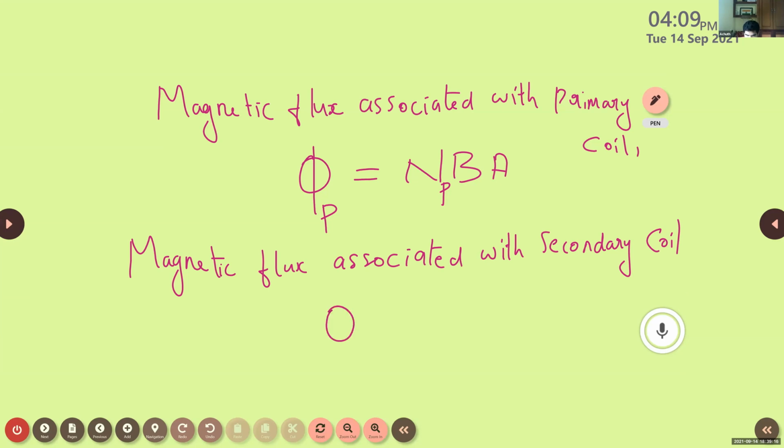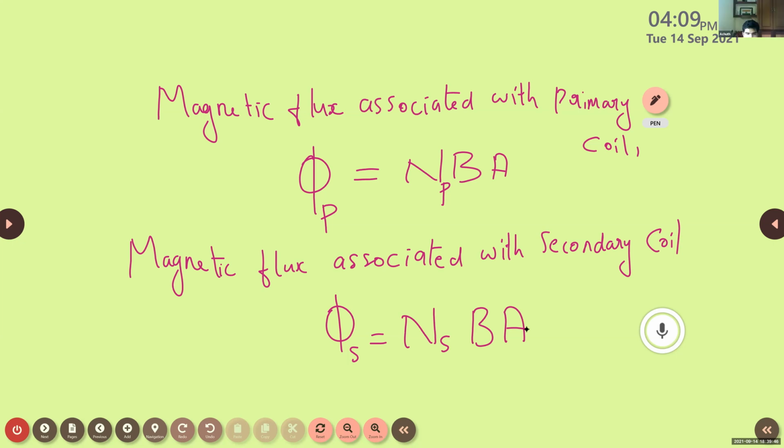Yes, phi S is equal to NSBA. Nothing else, here we are just substituting the suffixes P and S. Phi P is equal to NPBA and phi S is equal to NSBA. The magnetic flux associated with the primary coil is phi P is equal to NPBA, and the magnetic flux associated with the secondary coil is given by phi S is equal to NSBA.